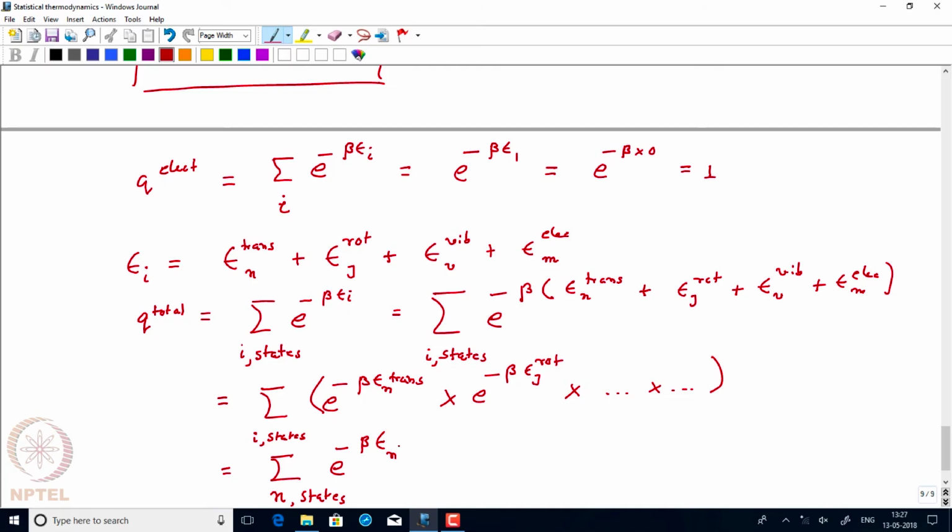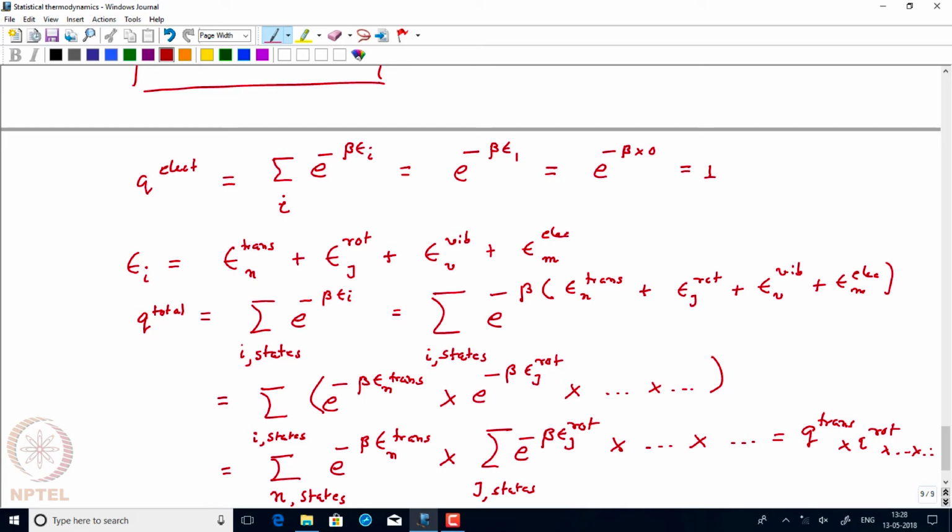Then you write the rotational part, which is e to the power minus beta epsilon j rotation, with the sum taken over the rotational quantum numbers, and again this is over states. Similarly for vibration, similarly for electronic. So at the end of the day, this is nothing but Q trans times Q rot times Q vibration times Q electronic. So all the partition functions will be multiplicative.